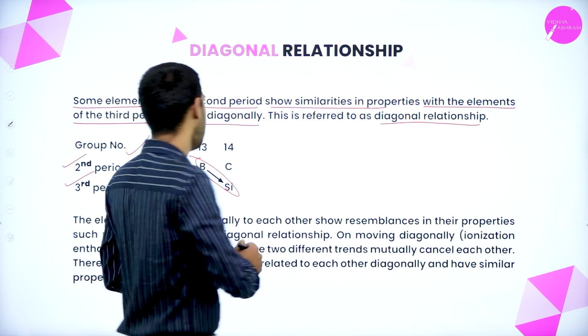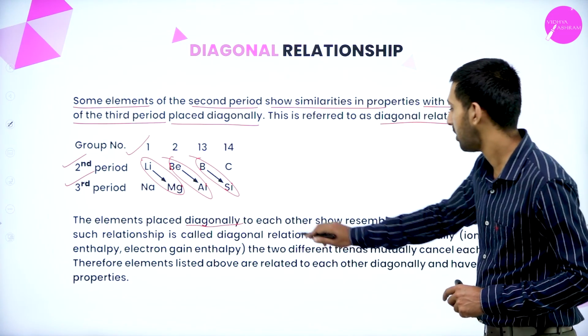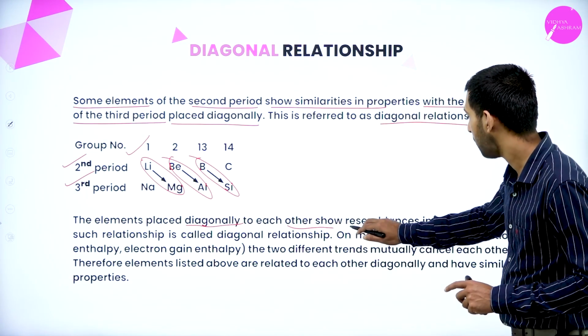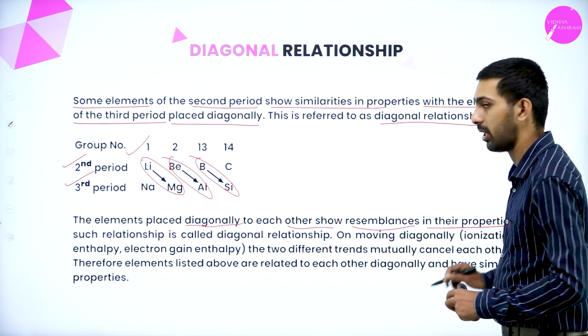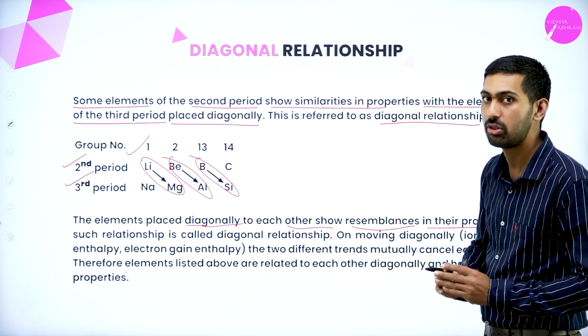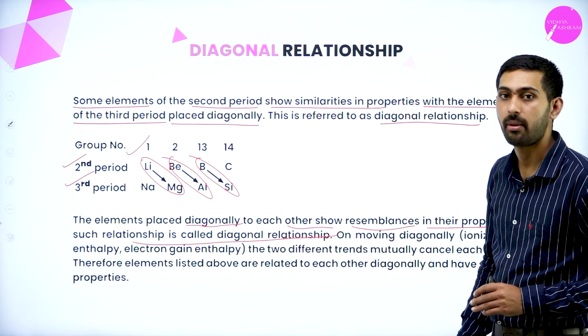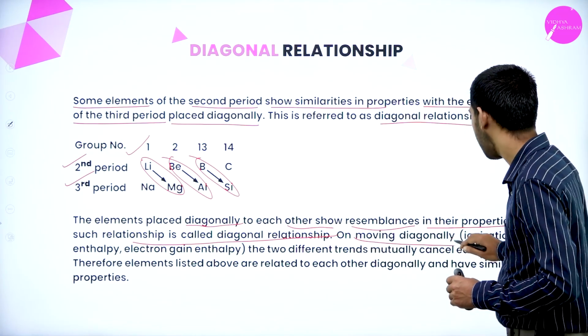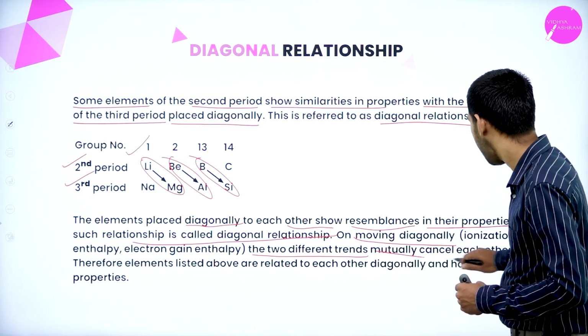Next, the elements placed diagonally to each other show resemblance in their properties. Such a relationship is called diagonal relationship. On moving diagonally, two different trends mutually cancel each other.